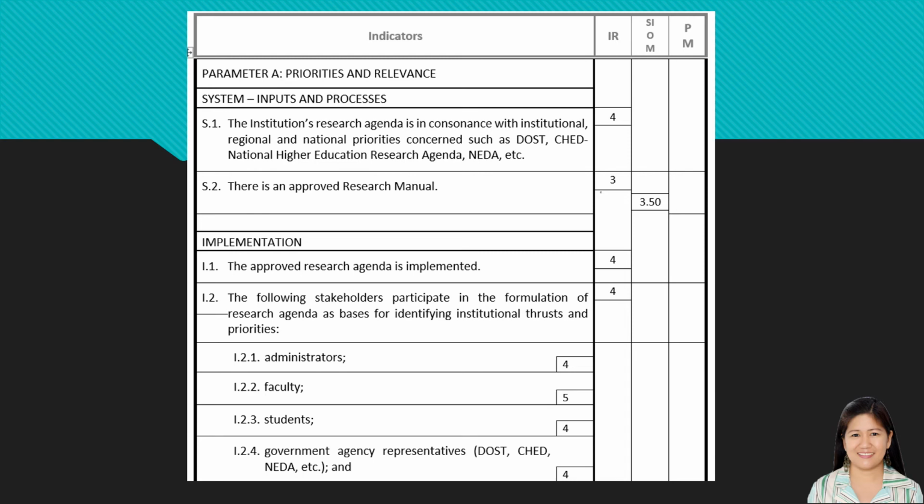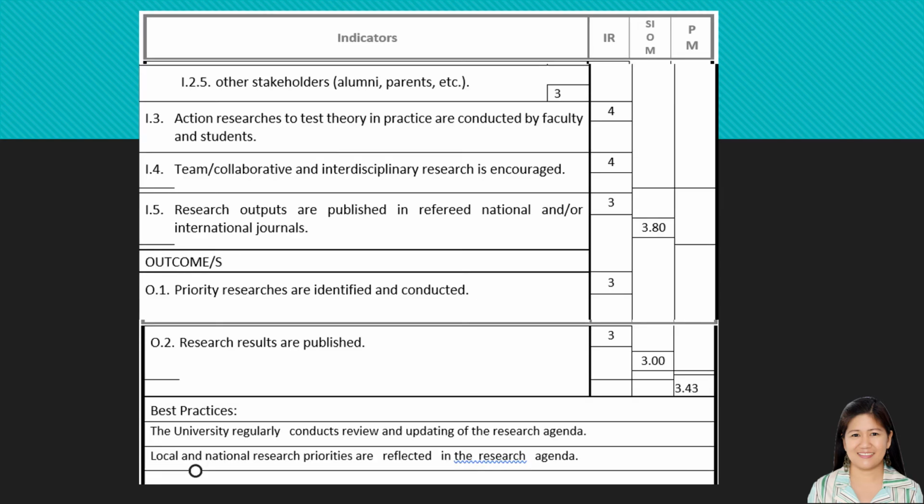Tapos po yung sa 1.2, sa implement yung participation of stakeholders. Pwede tayong maglagay diyan ng mga program, attendance sheets, pictures, proceedings, and others para mataas yung makuha nating rating.